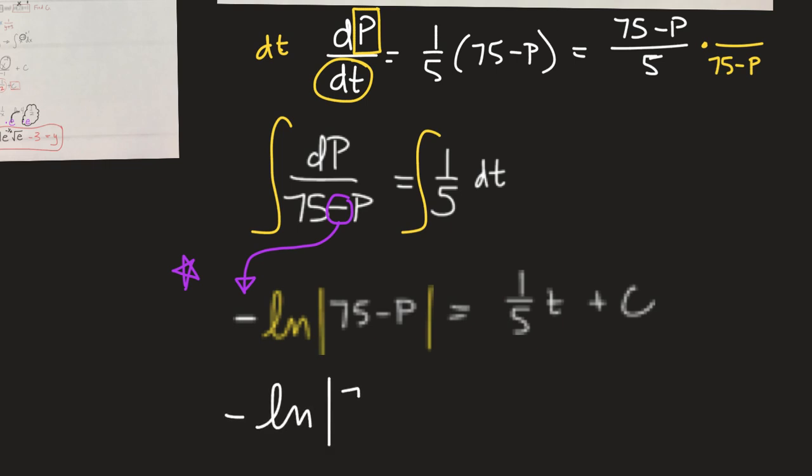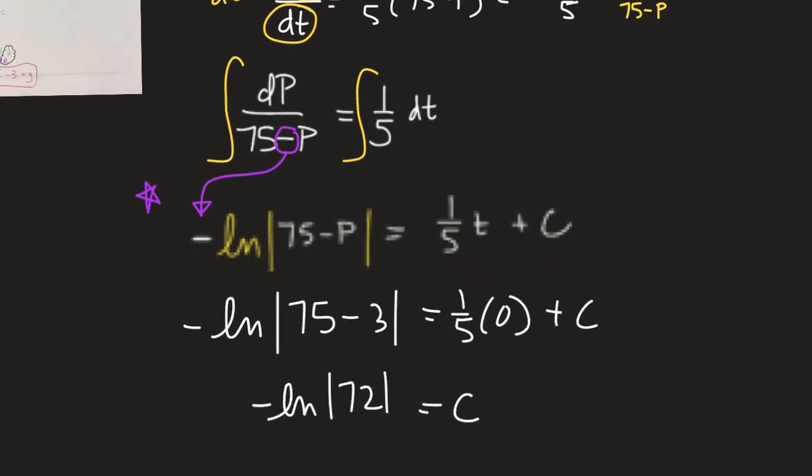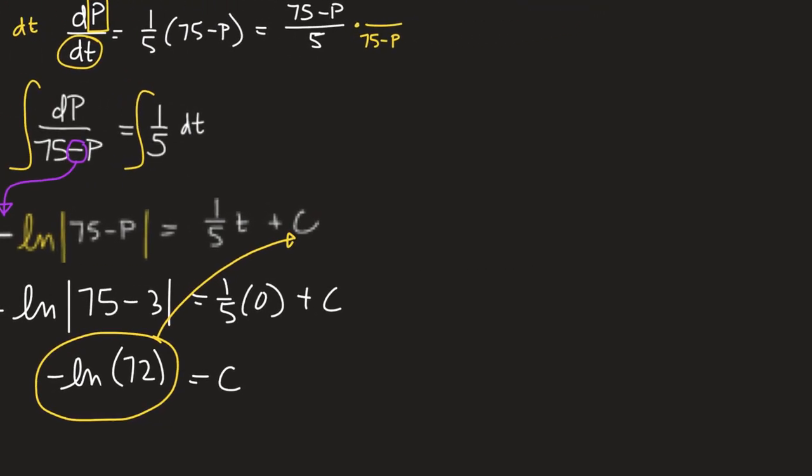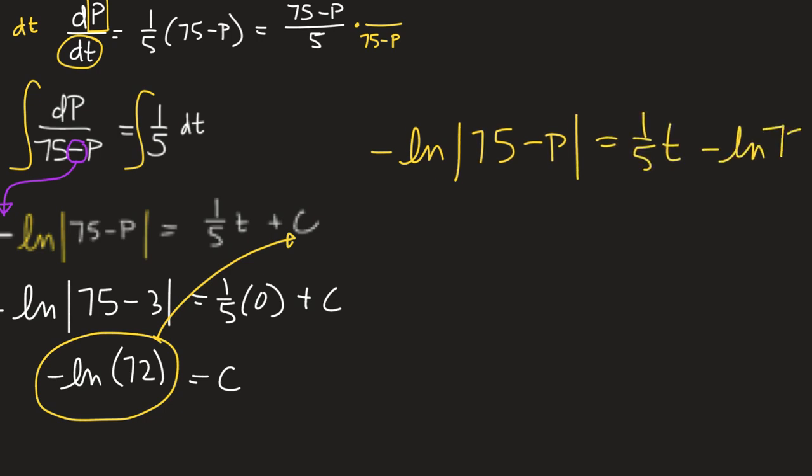Negative natural log of 75 minus 3 equals 1/5 of 0 plus c. So c is the negative natural log of 72. So we're going to put our negative natural log of 72 in here for C. So we get negative natural log of 75 minus P equals 1/5 of T minus the natural log of 72.